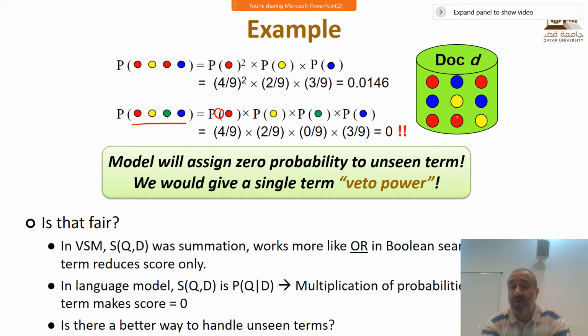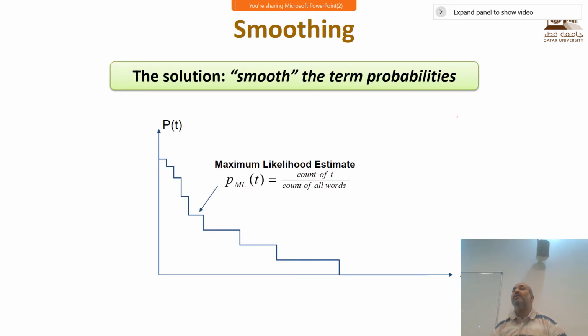So the better way, of course, is what we call smoothing. That's the idea of giving a non-zero score for every term in the vocabulary. How do we do that? Let's assume that without doing this, there are of course words that are unseen, the words that didn't appear in the document.